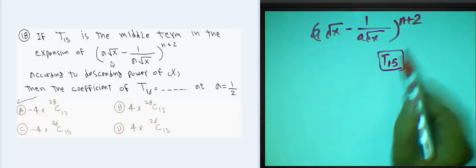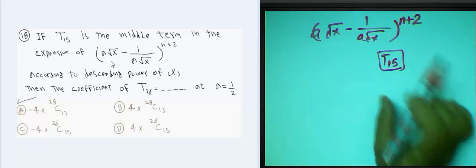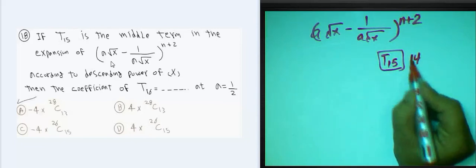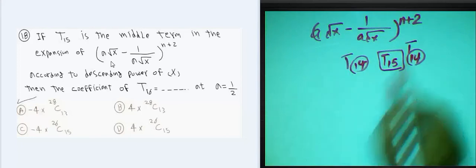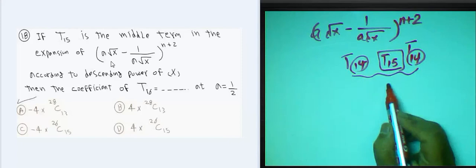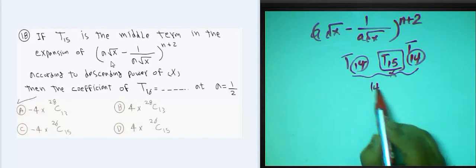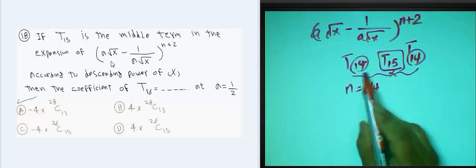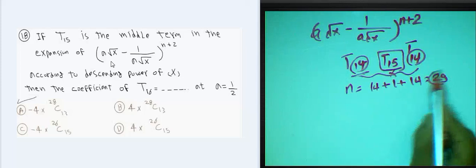We have n plus 2. Term 15 in the middle means we have 14 terms on the right and 14 terms on the left. Then how many terms do we have? 14 plus 1 plus 14 equals 29.